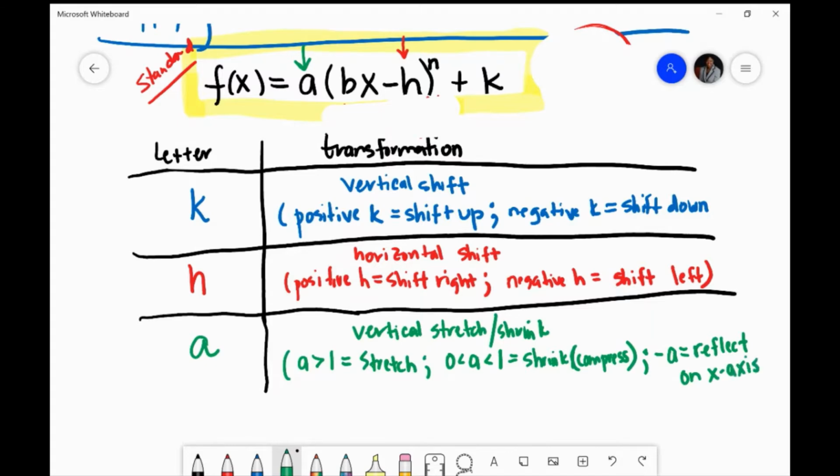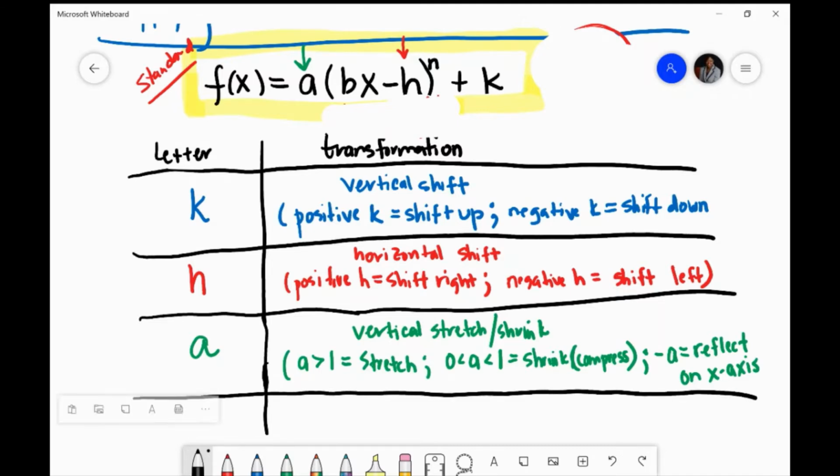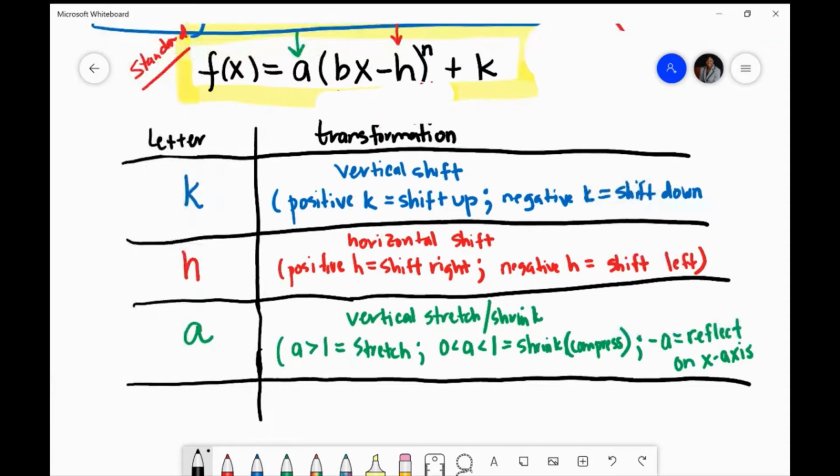All right, we're just going to do one more that I just want you to write down. I'm probably not going to test you too much on horizontal stretching and shrinking; it'll be more vertical. But I'm going to tell you how you know it's horizontal, because I saw a homework problem that was horizontal.